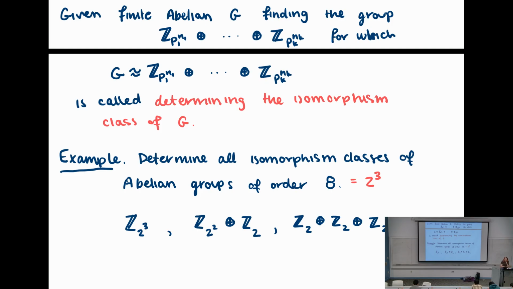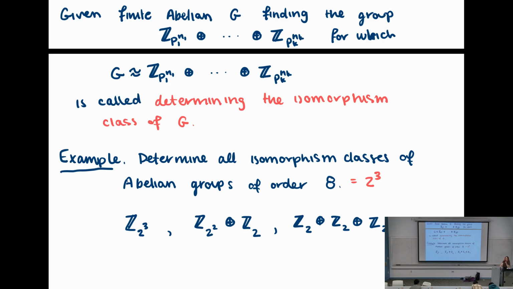Yeah, question? If we have an abelian group G of order 8, is there only one of these options that is going to be isomorphic? Yeah. And the way that you can find it is to just start computing the orders of elements. So say I give you an abelian group of order 8 and it's presented to you as a subgroup of a unit group or something like that, so it's not really obvious which of these ones it is.